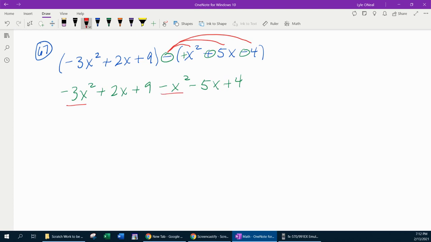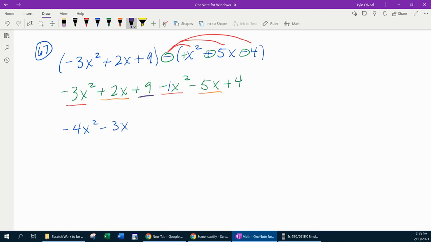Starting with the x squareds, -3 and -1 makes -4x squared. Next, 2x minus 5x, 2 minus 5 is -3.